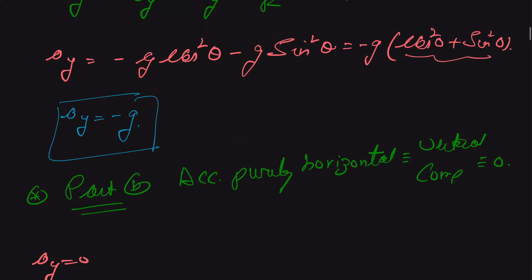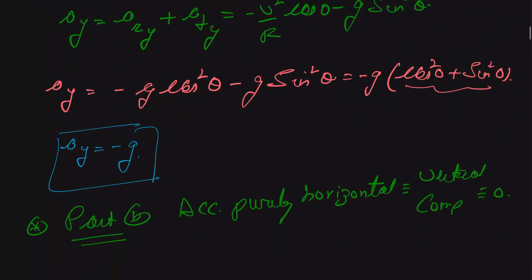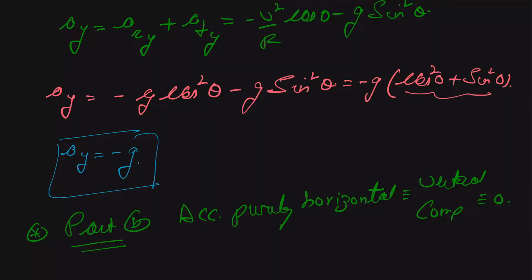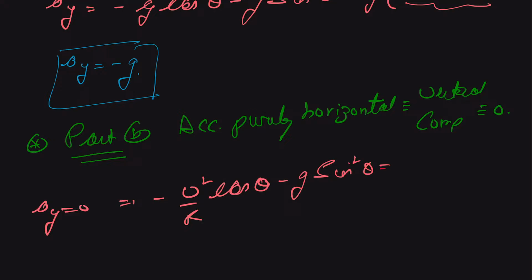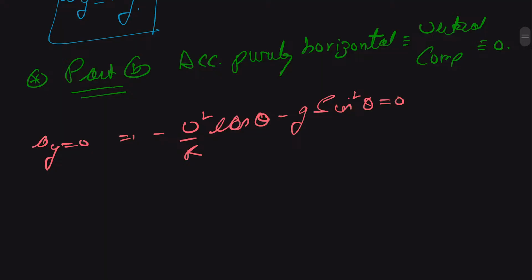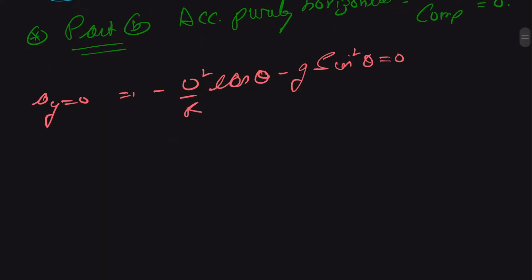And therefore we get minus v square upon r cos of theta minus g sin square theta is equal to 0. And we know that v square upon r is 2g times (1 minus cos of theta).